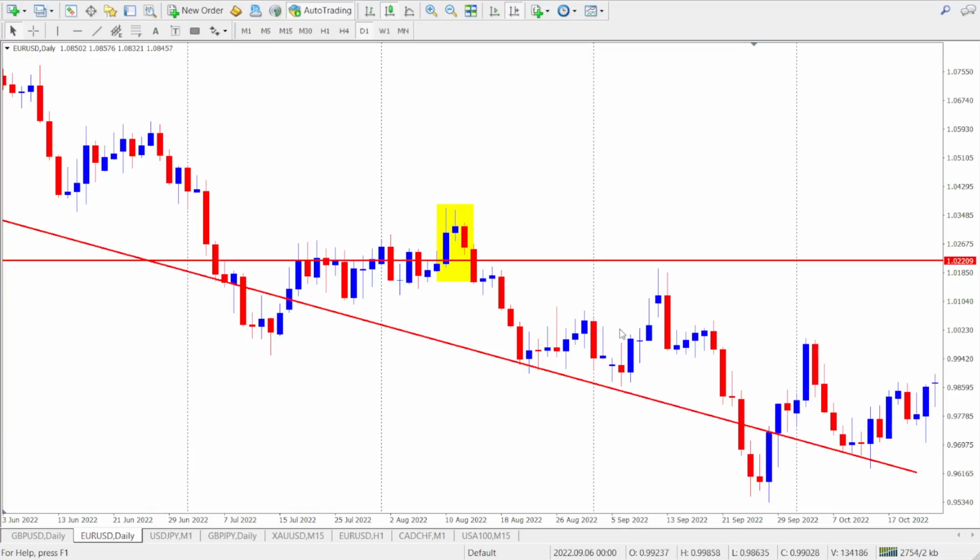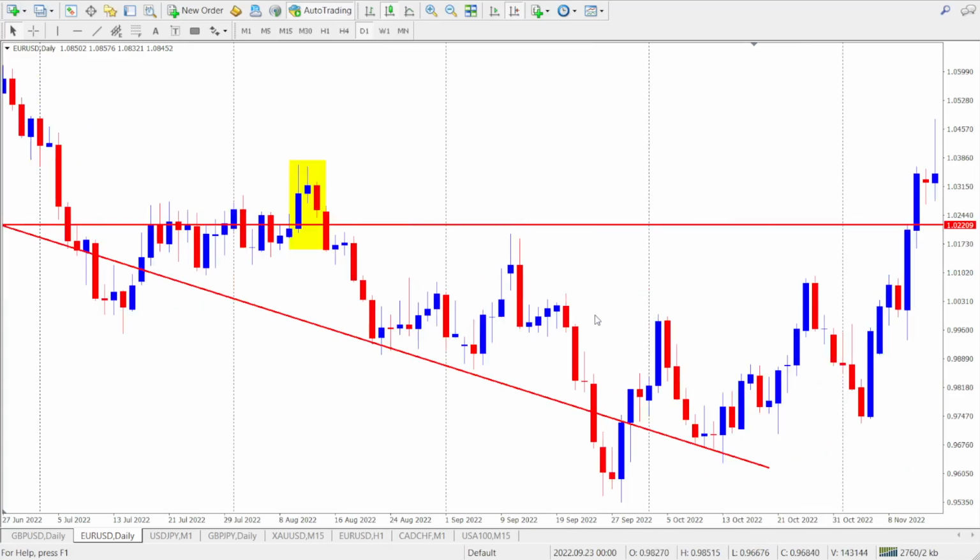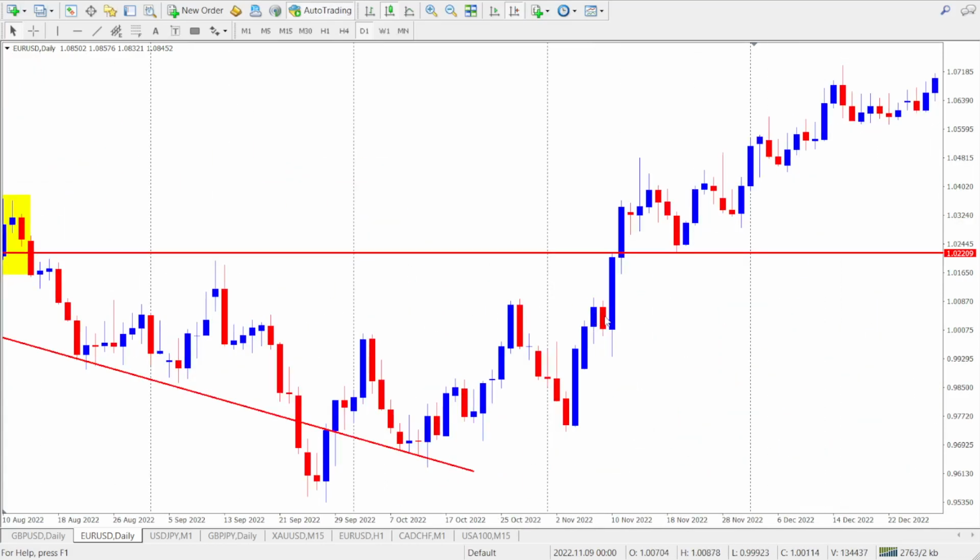Then finally we have wedges and triangles. We have what we call a rising wedge.